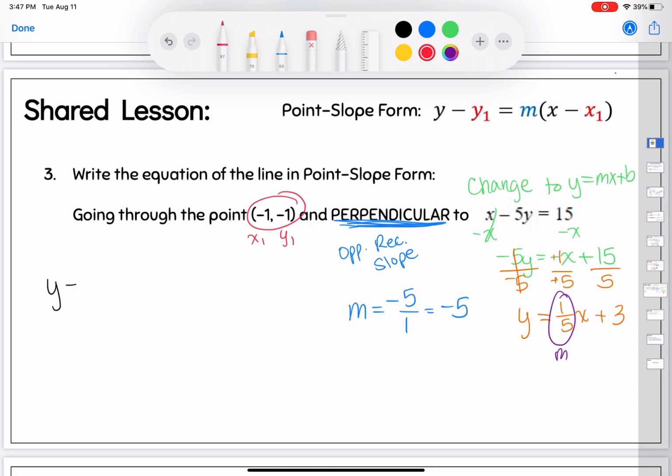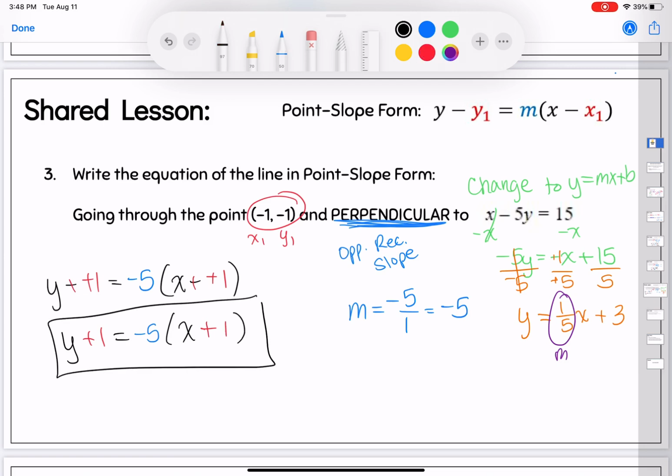Y minus y1 is -1 equals -5 is my slope, parentheses, x minus x1 is also -1. 2 double negatives to take care of here. So I have y plus 1 equals -5, parentheses, x plus 1 as my final answer for my equation written in point slope form.